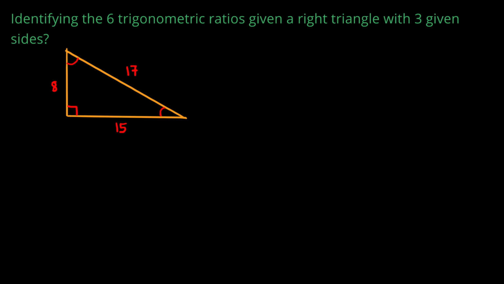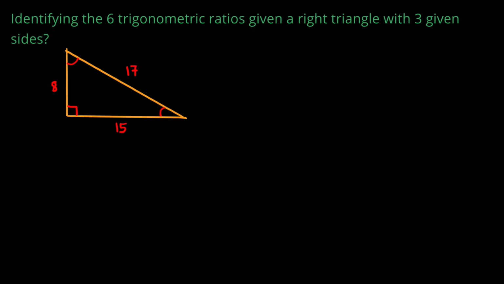Now let us apply what we just learned about the 6 trigonometric ratios, sine, cosine, and tangent for the basic, and for the reciprocal, cosecant, secant, and cotangent. Make sure you have your notebooks ready so you can actually make use of those as your reference as we answer this type of problem. So let's consider this right triangle having sides 8, 15, and 17, and the legs are 8 and 15, hypotenuse is 17.